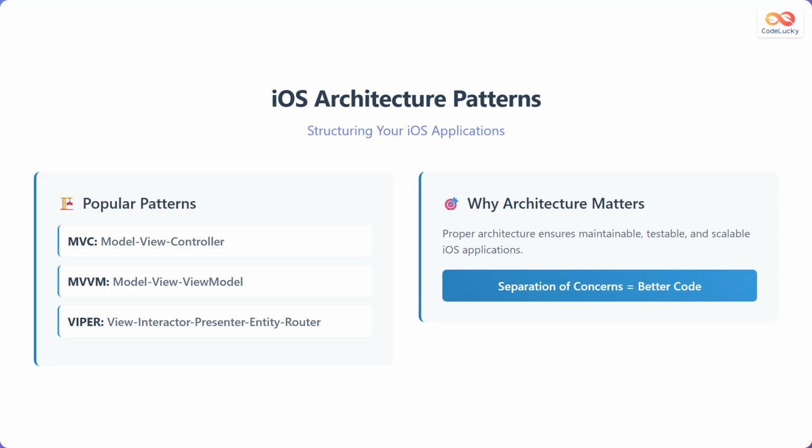VIPER, which stands for View Interactor Presenter Entity Router, provides even more granular separation of concerns for complex applications. Choosing the right architecture pattern is crucial for building robust iOS applications that can grow and evolve over time. Good architecture ensures separation of concerns, making your code easier to test, maintain, and extend.